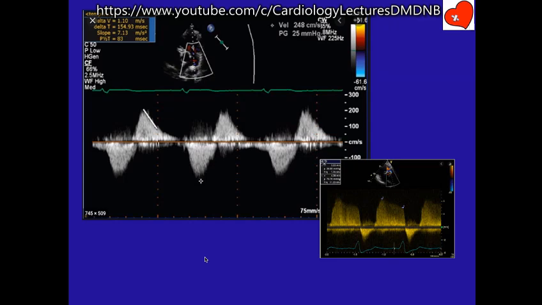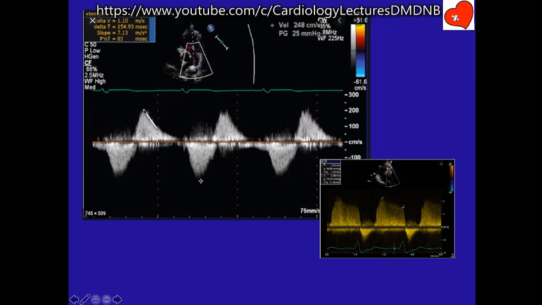So that's the important difference. Just like AR, when you have a long pressure half time, it indicates milder regurgitation. When you have a short half time, everybody knows what is half time, no? Time taken for the velocity to fall to half its value.